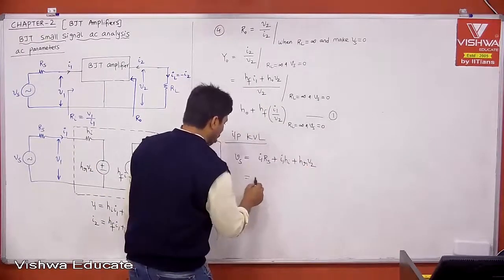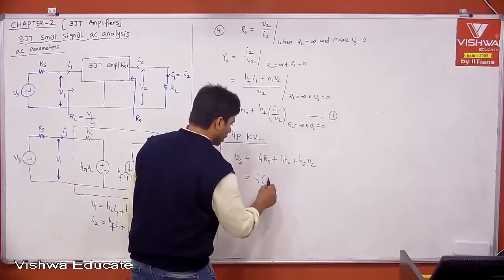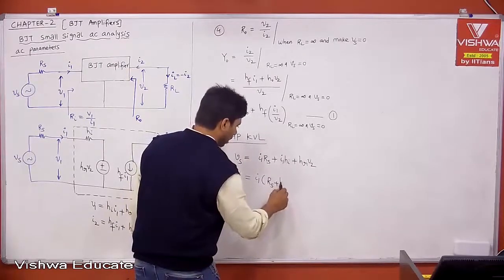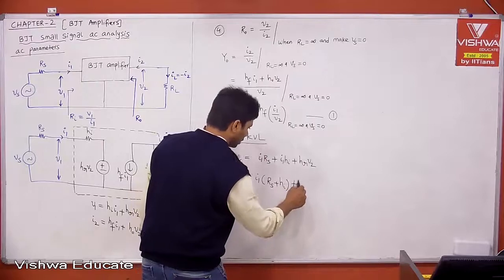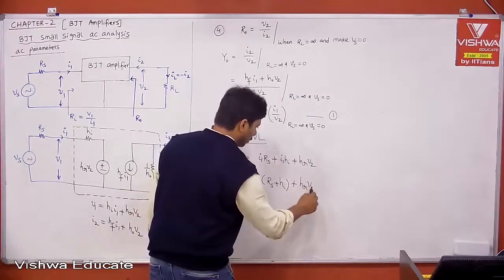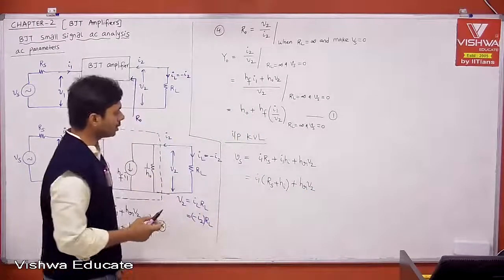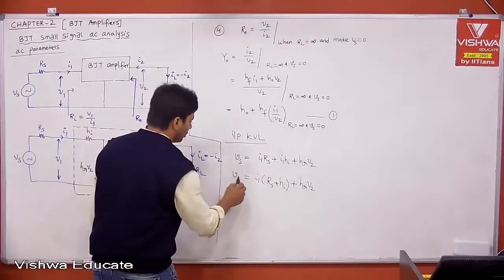Then if you take I1 common, you will get Vs equal to I1 into Rs plus Hi, plus Hr into V2, right? Therefore, this is what we got from input KVL.